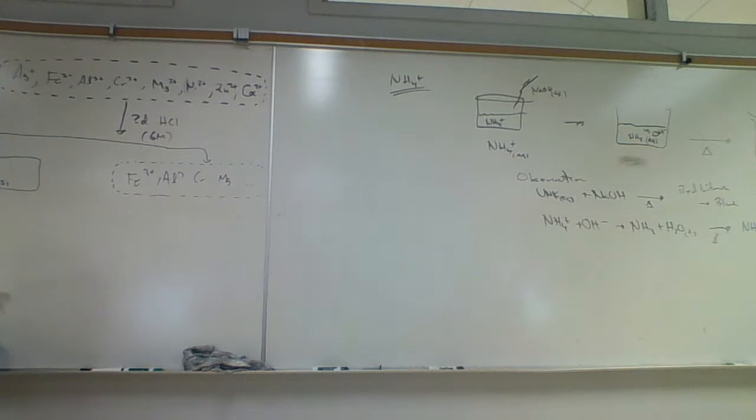Well, how do I know if I've maximized precipitation? Because what's going to happen is this. Silver chloride is going to form a cloudy white suspension. And so as you're adding HCl, you can't tell, is it getting cloudier or is it the same? Because it's so cloudy, you can't tell if it's a little bit more cloudy or not.